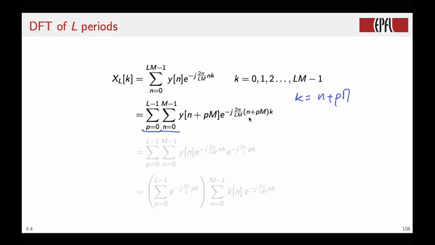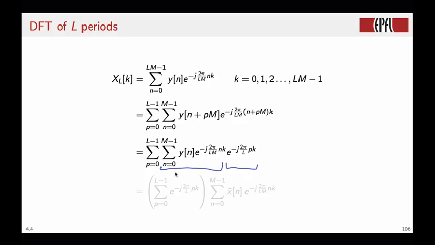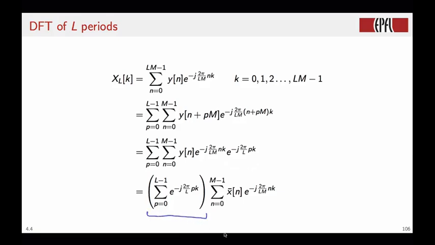We can do the same inside the complex exponential, and so then we can split the complex exponential, and we see that the inner sum is this one here, and this term depends only on p. So we can bring it forward and have a product of two sums where we have this term here that ranges over the p index and this term here that ranges over the n index, and the two are independent.